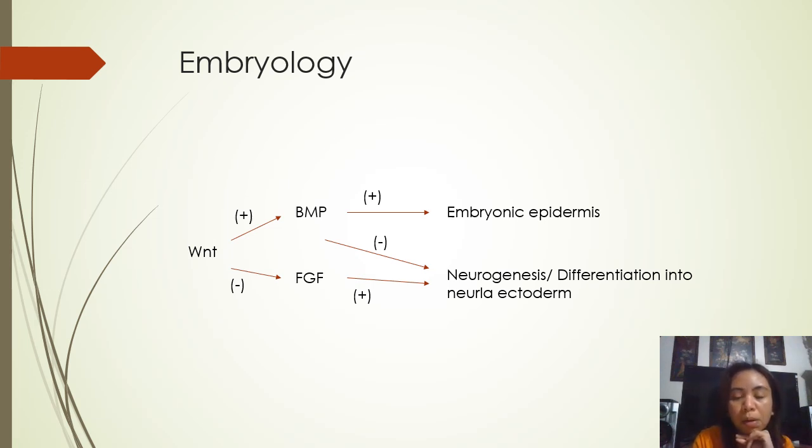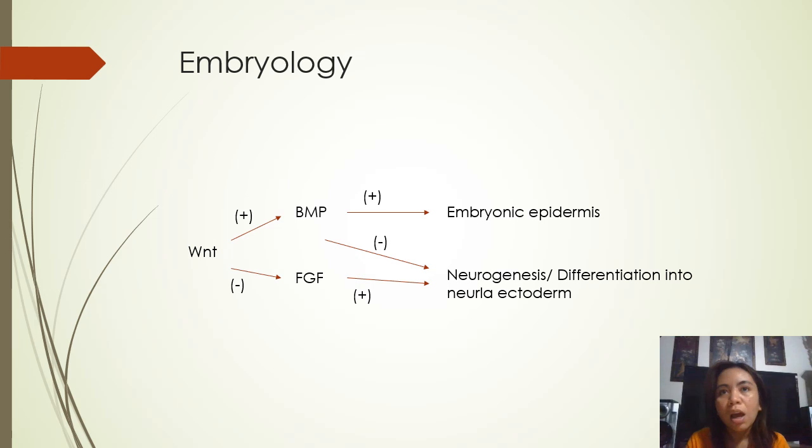The BMP, or the bone morphogenetic protein, when present, would stimulate the development of the embryonic epidermis. While if there is absence of WNT protein, the FGF is stimulated, or there is presence of FGF while there is negative BMP, and so the presence of FGF would produce neurogenesis or differentiation into neural ectoderm, while absence of BMP or also the presence of FGF would produce neural ectoderm.